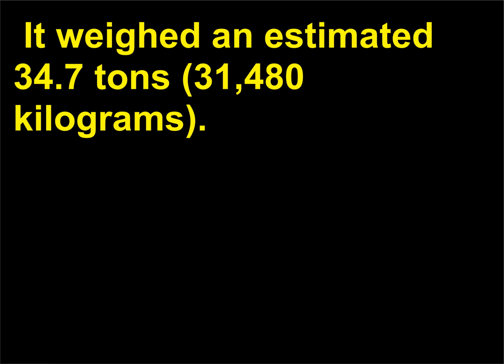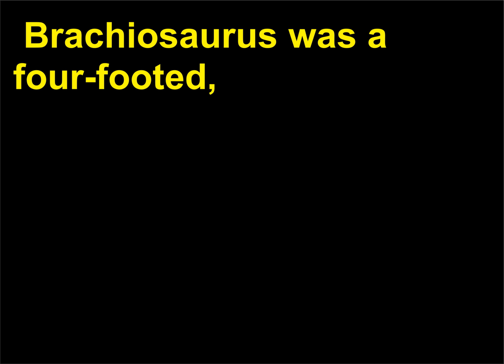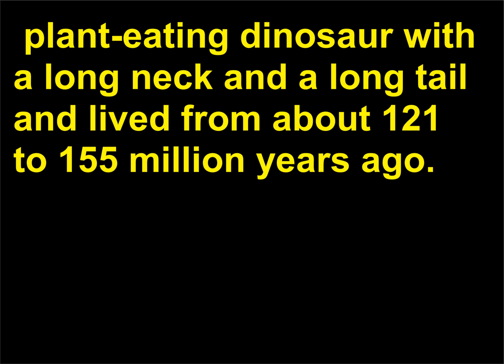It weighed an estimated 34.7 tons, 31,480 kilograms. Brachiosaurus was a four-footed, plant-eating dinosaur with a long neck and a long tail and lived from about 121 to 155 million years ago.